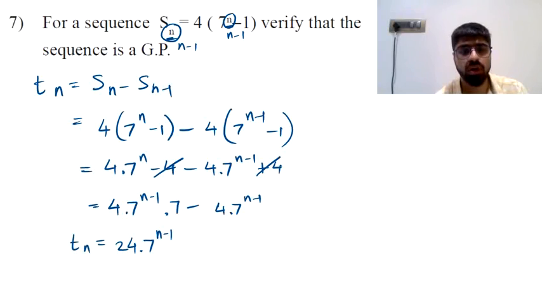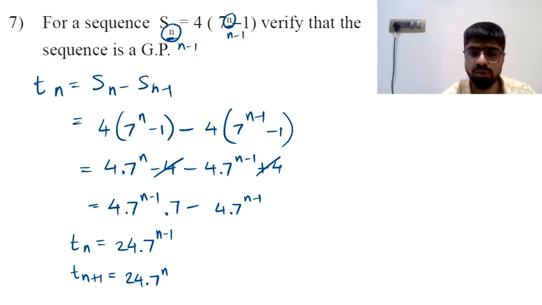That's your nth term. To check whether it is a GP or not, you can say that Tn plus 1, that is the next term, is going to be 24 into 7 power n. Tn was 24 into 7 power n minus 1. I am replacing n with n plus 1 on the left hand side, so I will replace n with n plus 1 on the right hand side also. So Tn plus 1 will be 24 into 7 power n plus 1 minus 1, which is equal to 7 power n only.